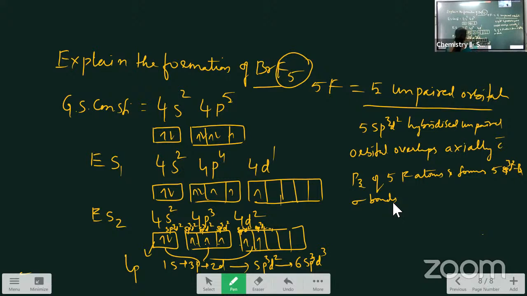Okay. Now here you have got one lone pair of electron.